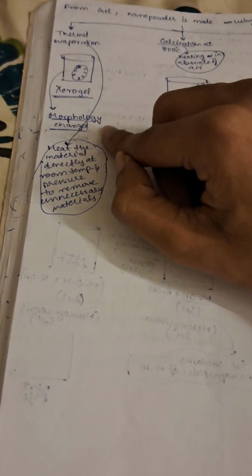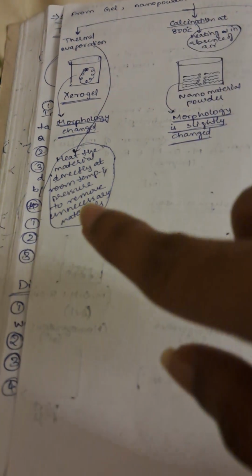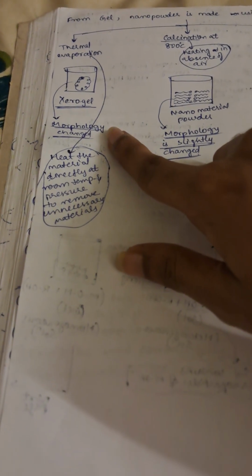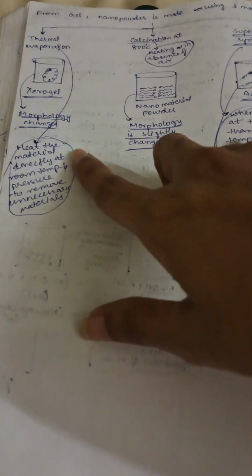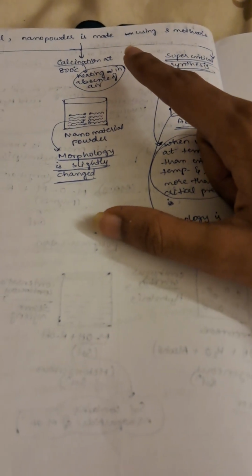So morphology is changed. Morphology means the physical structure and all, okay? So this is thermal evaporation, means heating it directly at room temperature. Here it is known as xerogel. Here the morphology is changed, means structure is changed. So we don't use it generally, and mostly we use calcination.